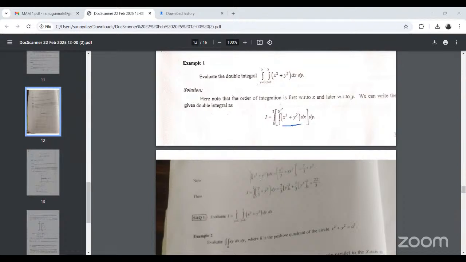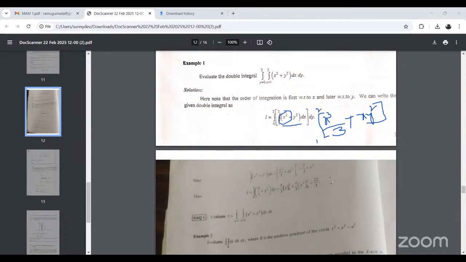So y becomes constant. Then the integration of x square is x cube by 3, plus the integration of y square gives x into y square. Now apply the limits, 1 to 2.